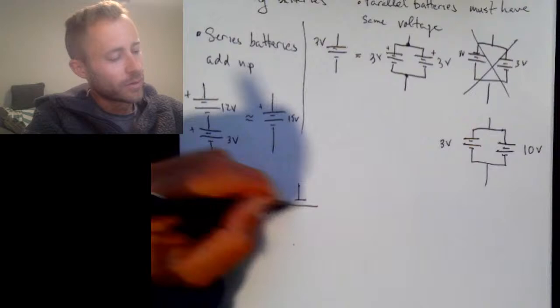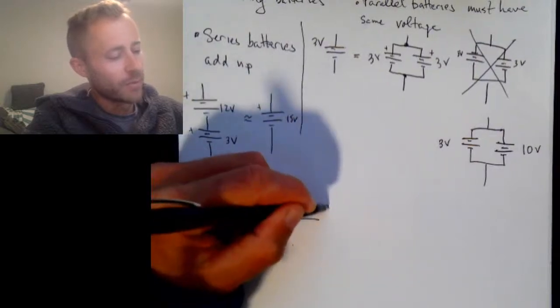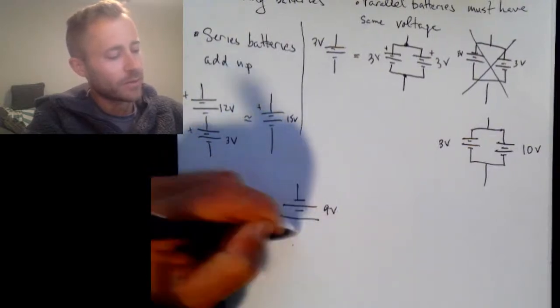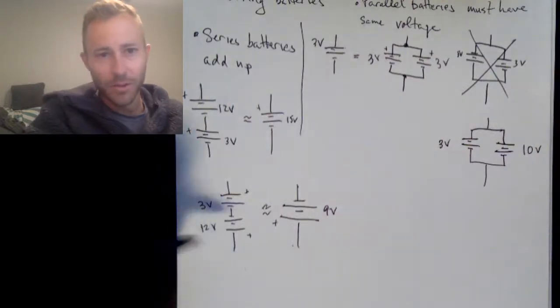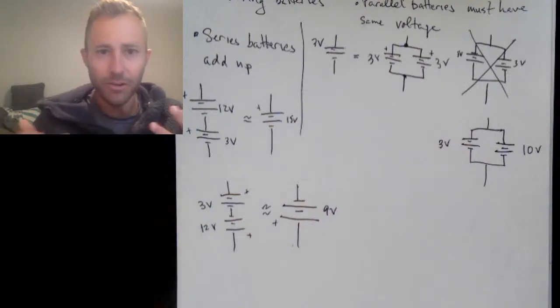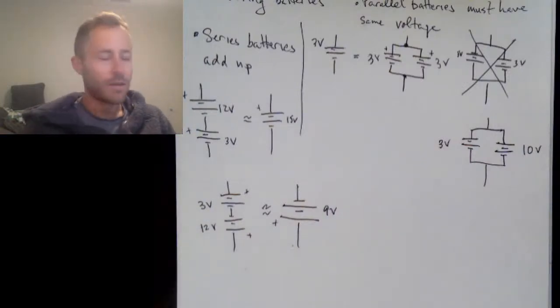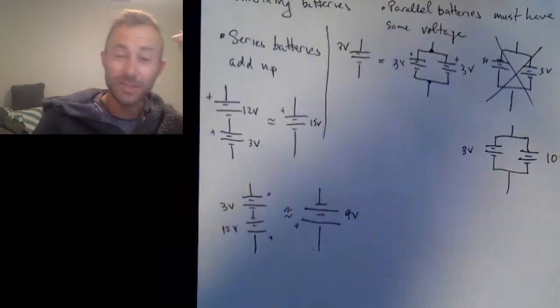So this is going to look like a 9-volt battery that's pointed in this direction. I don't know why you would do that, because that's just making the batteries fight each other. It's kind of wasteful.